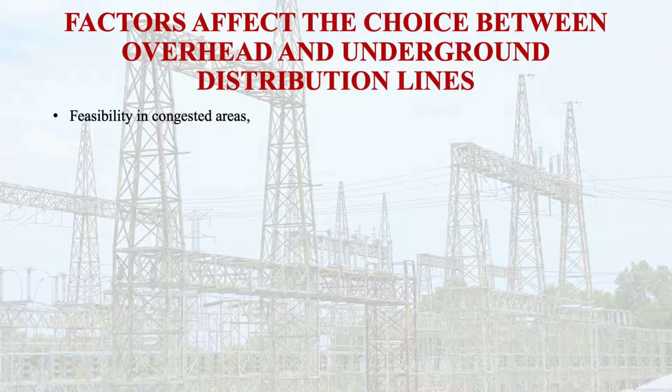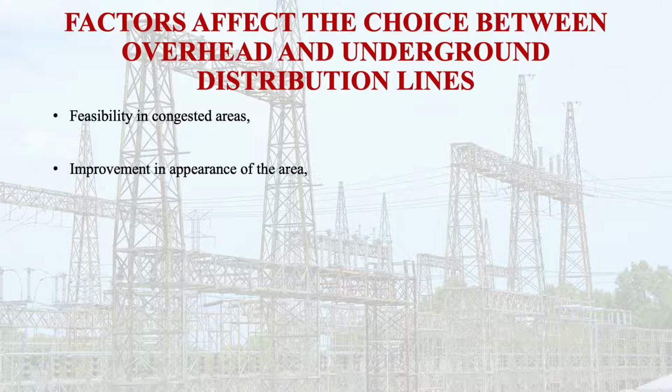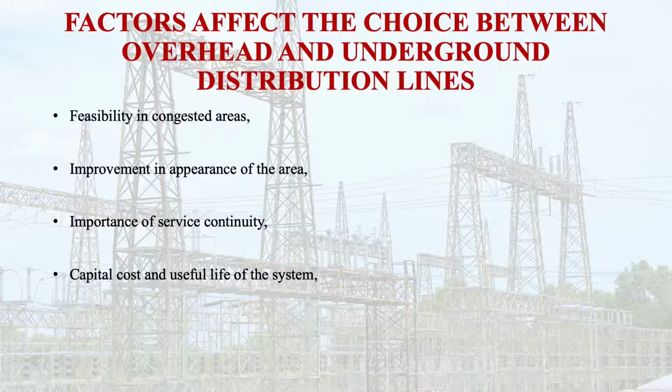The choice between overhead and underground depends upon a number of widely differing factors such as feasibility in congested area, improvement in appearance of the area, importance of service continuity, capital cost and useful life of the system, and another factor is the comparative annual maintenance cost.